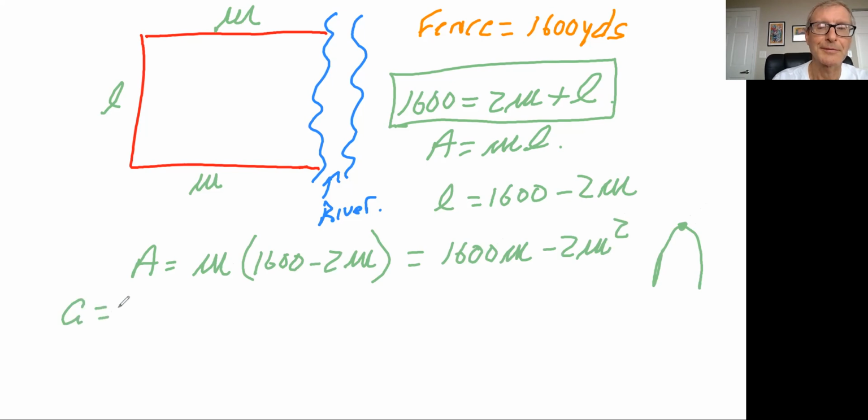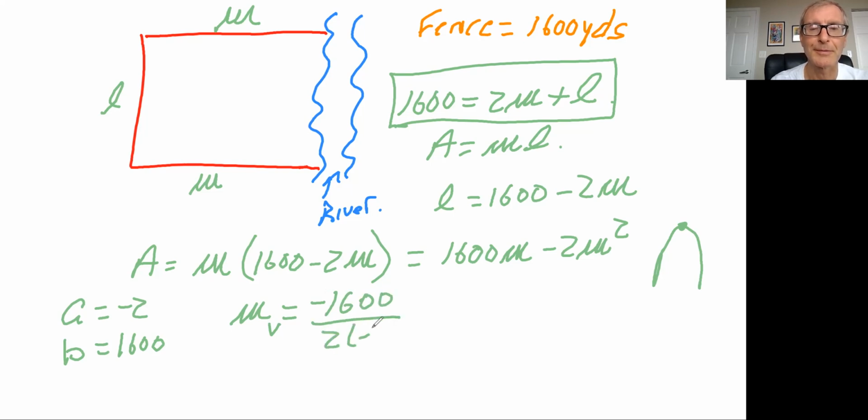The A is minus 2. The B is 1,600. And so the width of the vertex would be minus B over 2 times A. That'd be minus 1,600 over 2 times minus 2.